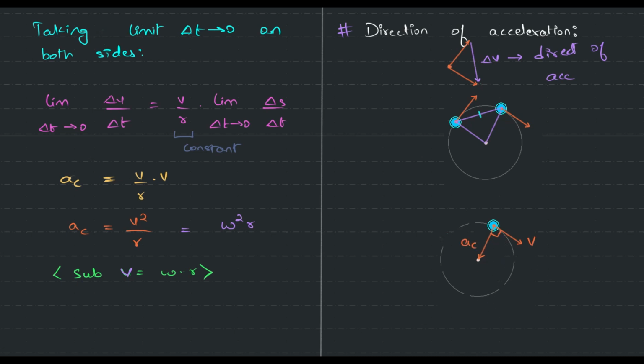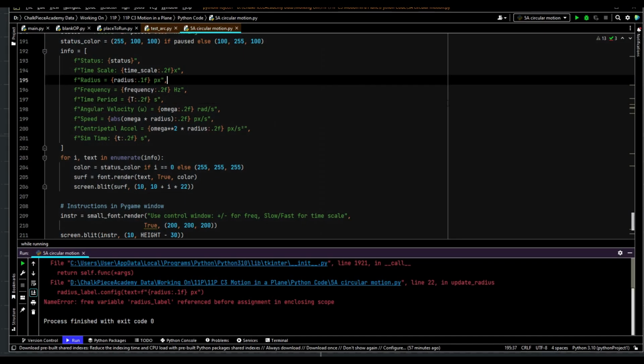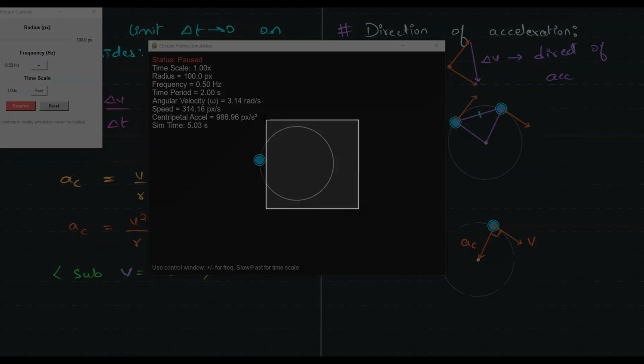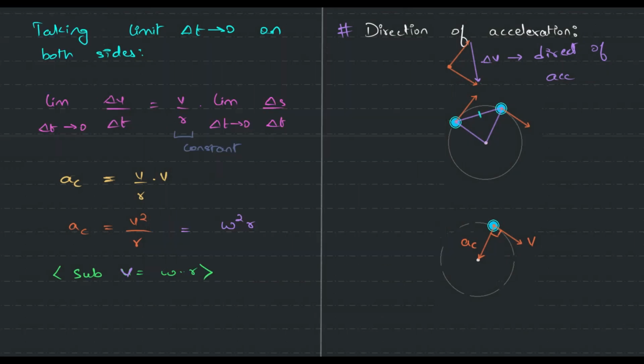If I happen to consider anywhere else, let's do that. Let me choose it somewhere over here. For this case, your radius would be something like this. I think this will be the center.